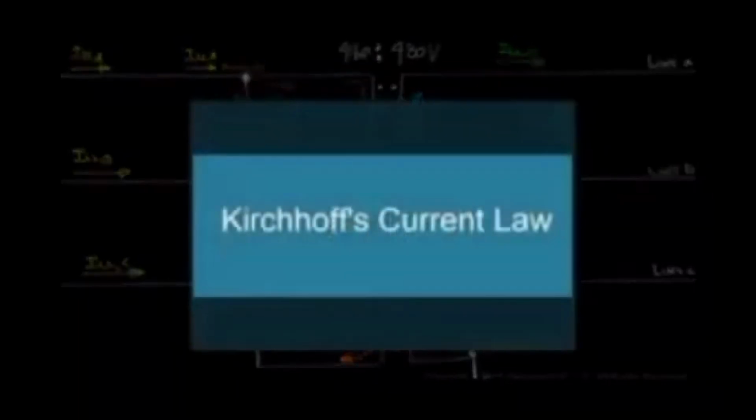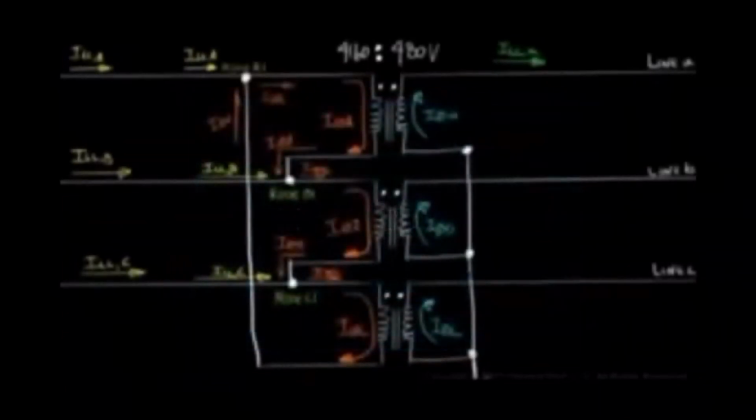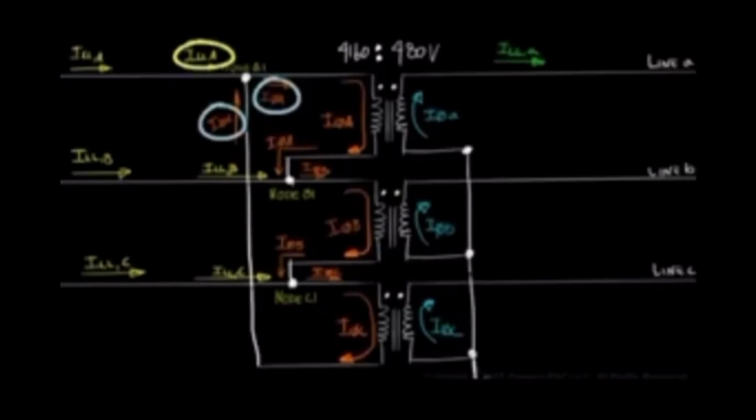Introduction to the delta-Y connected transformer, part 4. In this part, we are now going to use KCL and nodes to describe the relationship between line current and phase current. Let's start from node E1. We can visually verify that line current A flows into node E1.